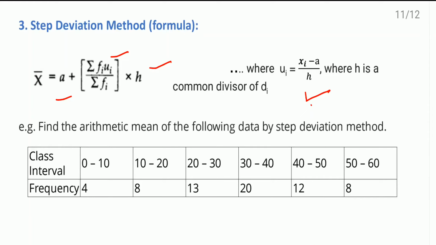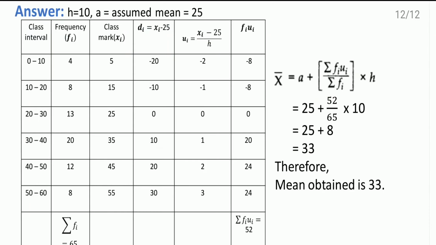Now look at this example. We will find the mean by the step deviation method. Let us see the answer now. Here, class interval first column, frequency, then class mark, di as we did in the previous question. Now ui is what? xi minus 25 divided by h.